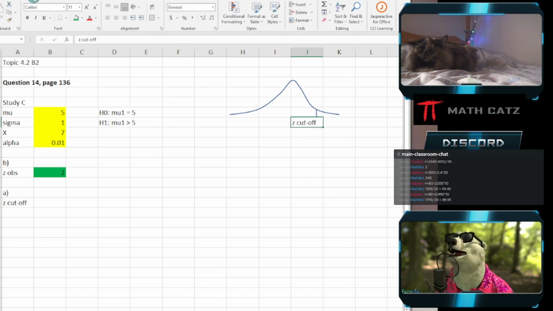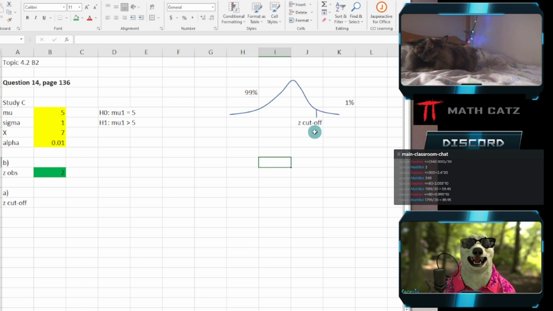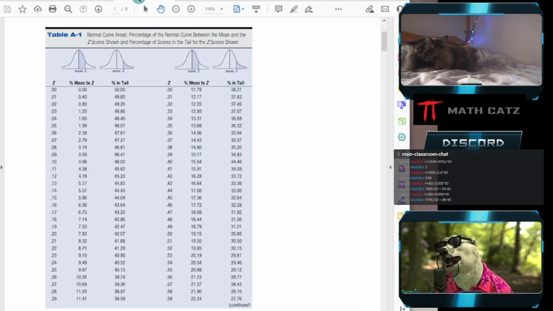Let's move it a little bit. Not much, but a little bit. So that over here is 1%. And on the other side is then 99%. I want to know what is the z-score that cuts it into these two pieces. Well, when we did it by hand, we looked it up in our table.